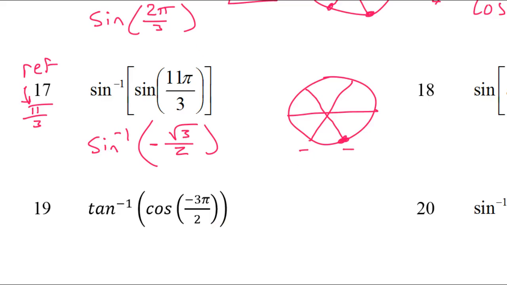So we can forget about this one. So this is the answer right here. This is the angle that we're looking for. We have to call it negative pi over 3. Okay, going at it this way, we cannot call it 5 pi over 3 because that takes us outside of the restricted range.